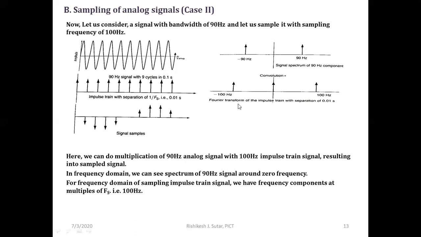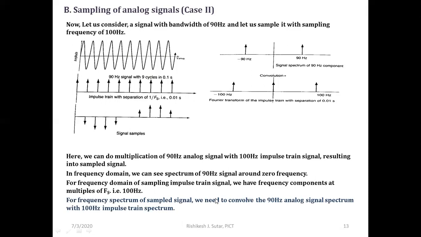I can have the spectrum whose components are at zero frequency, at 100 Hz, at 200 Hz, at 300 Hz, and so on. Similarly, I can have the frequency components at -100 Hz, -200 Hz, -300 Hz, and so on. So I will get the frequency components at multiples of Fs, that is multiples of 100 Hz.